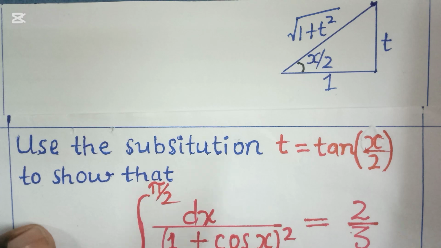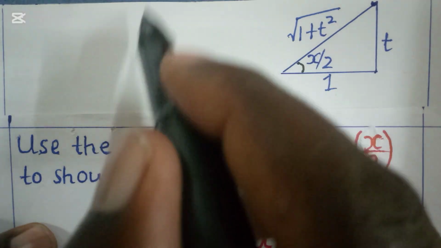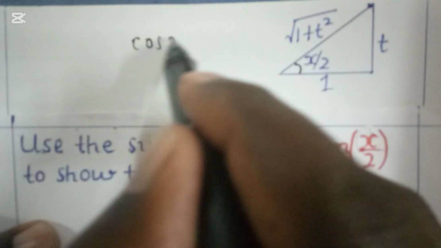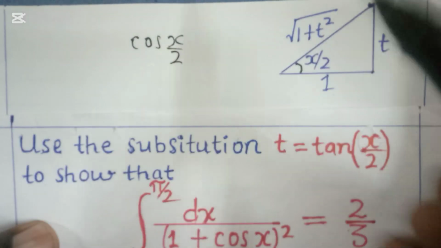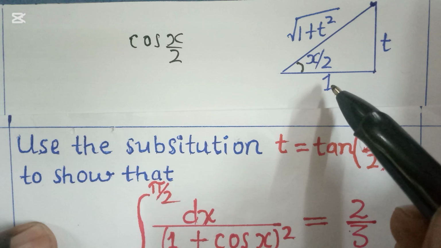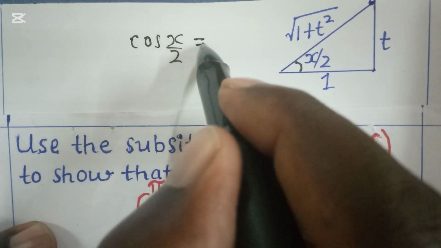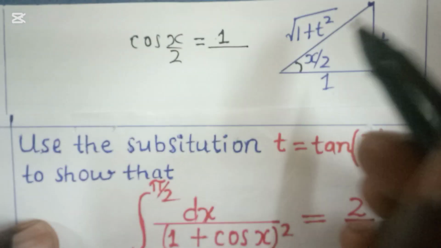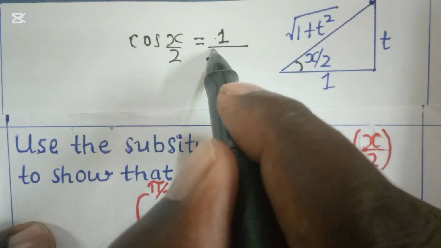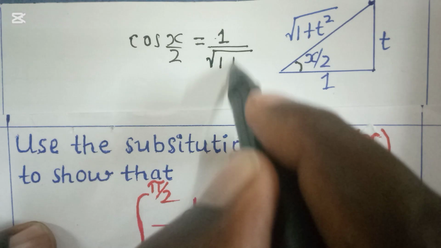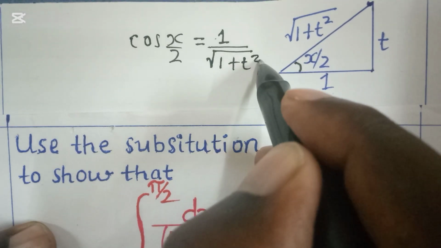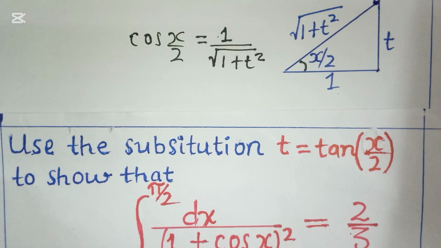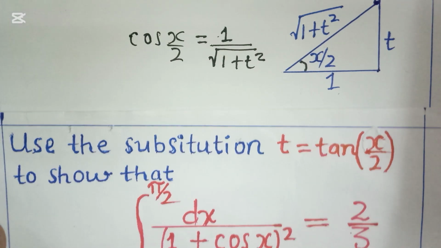We can find cos x over 2 from this. This gives us 1 over, that is adjacent over hypotenuse, which gives 1 over the square root of 1 plus t squared. So now guys, we embark on doing this question.